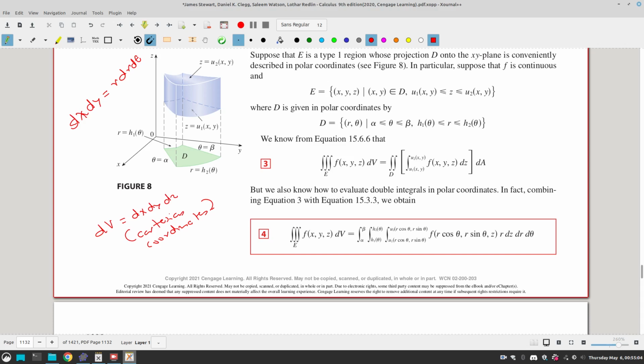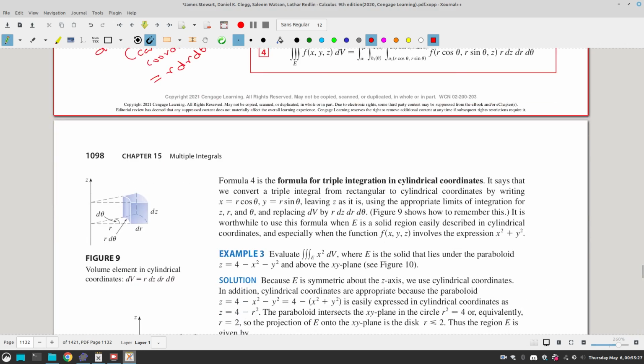So dV can be written as r dr d theta dz. This is of course something that we will derive using a method called a Jacobian determinant, but that's a little later. We'll have a very short lecture on the Jacobian determinant right after spherical coordinates.